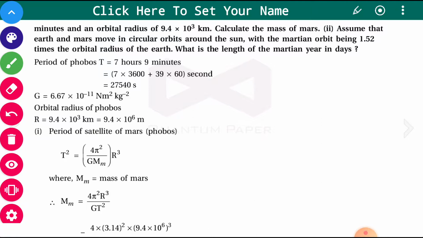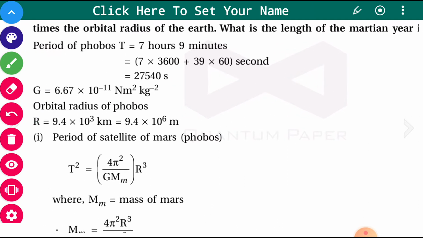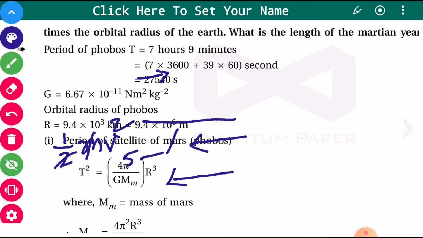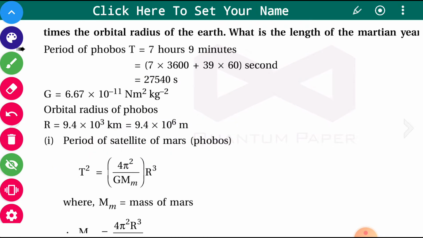Now the period of Phobos is 7 hours 9 minutes. So first of all it is converted into seconds. 9 minutes, so it is 9, not 39. 9 into 60, and these are 7 hours.